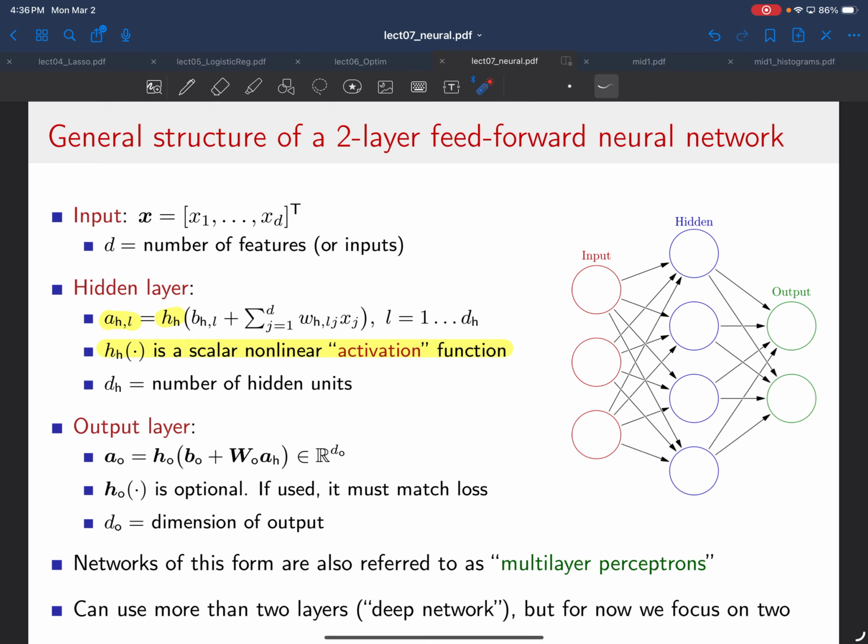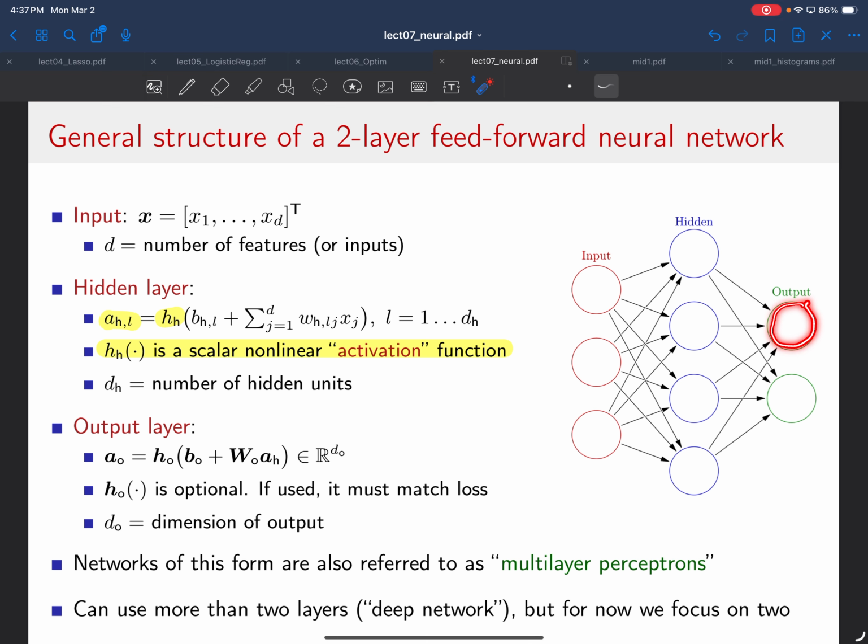And then we have an output layer, and for the output layer, we don't have as much choice. It really depends on the task that we are solving. So if you're doing, for example, binary classification, then you really want just one score here, one classifier output.